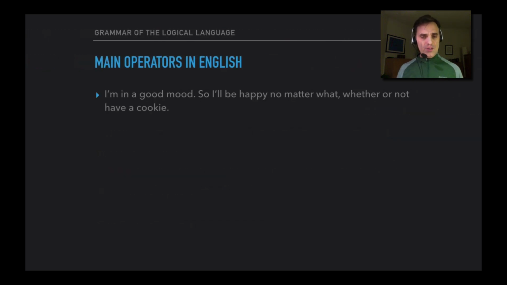So let's just see some main operators in English. I'm going to imagine the scenario, and then we'll look at two sentences. So imagine this scenario. I'm in a good mood. That means I'll be happy no matter what, and in particular, I'll be happy whether or not I have a cookie. So if I don't have a cookie, I'll be happy. That sentence is true. It's a conditional, right?